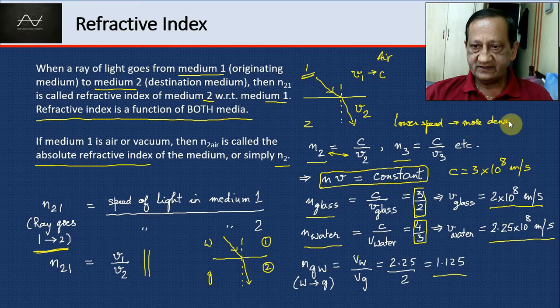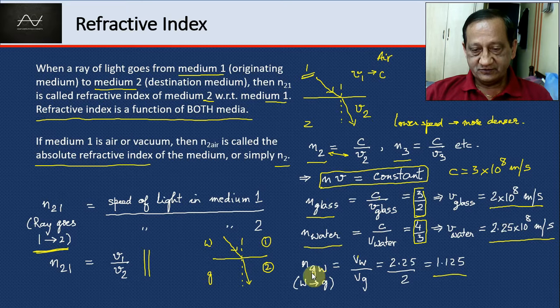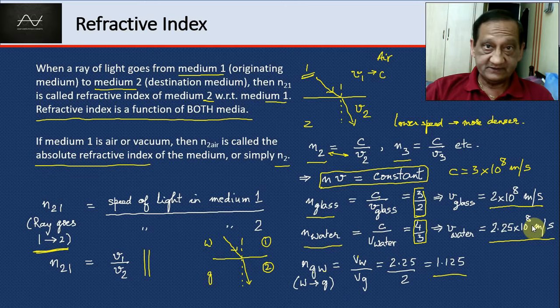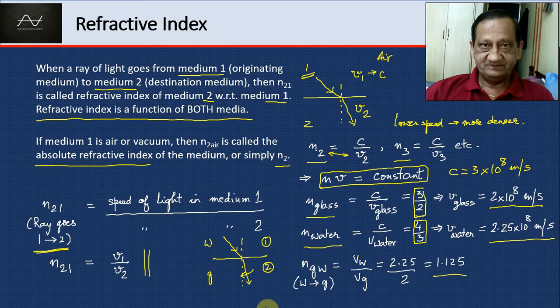So when we say denser to rarer, that is what we mean. Compared to water, the glass is denser. That is why when a ray of light goes from water to glass, it bends towards the normal.